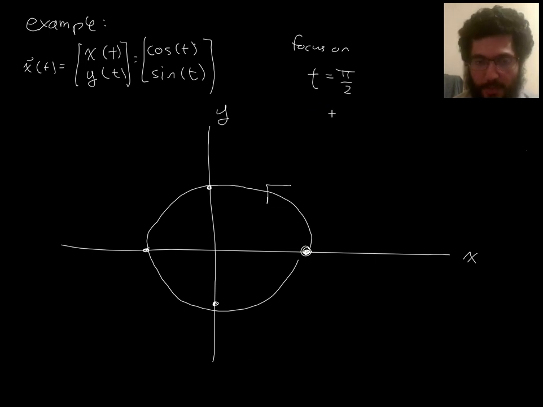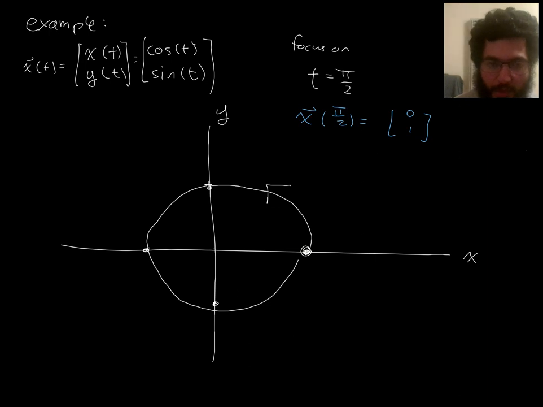I know we pointed it out here, but let me show what you would do to compute that. Vector x, meaning the package x, y all together, at pi over 2 equals cosine of pi over 2, sine of pi over 2, so 0, 1. That's 0 over and 1 up. So it's there.